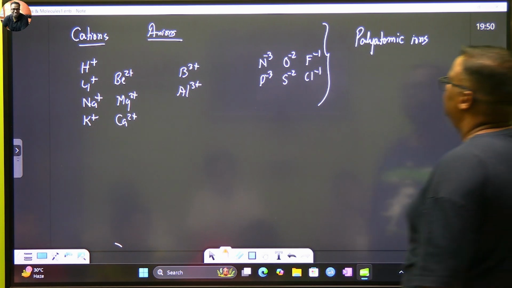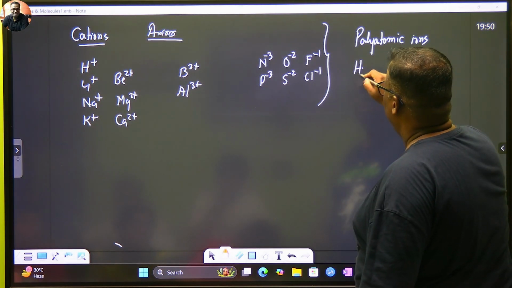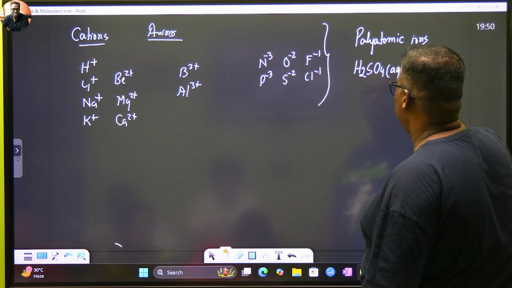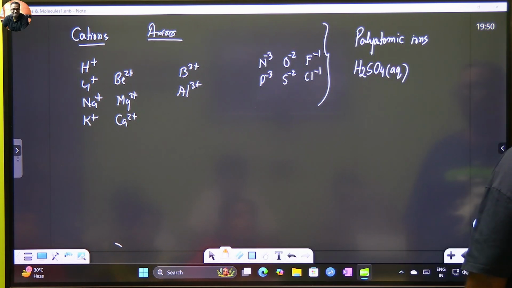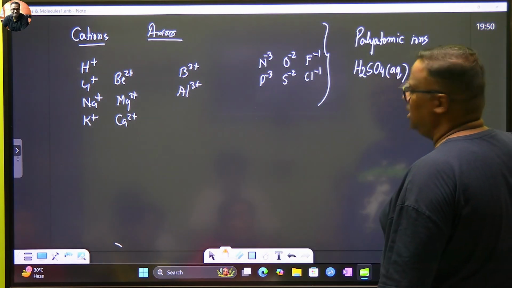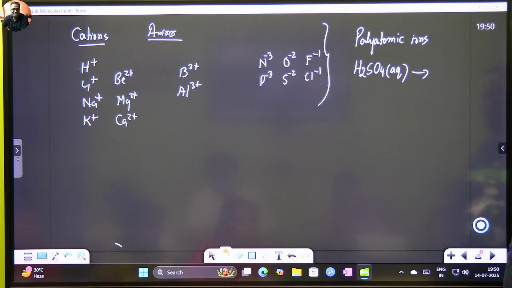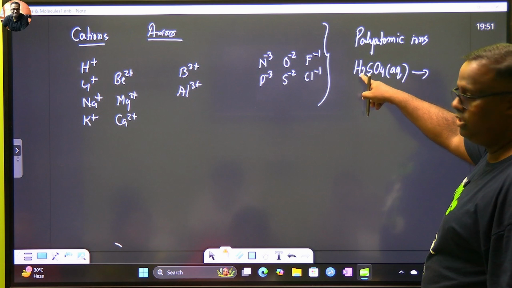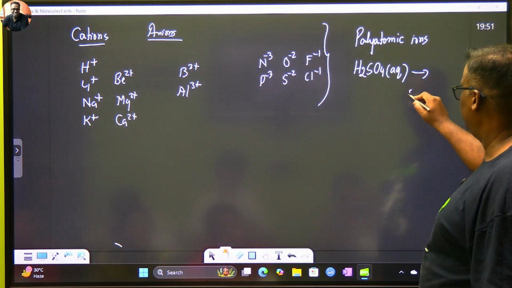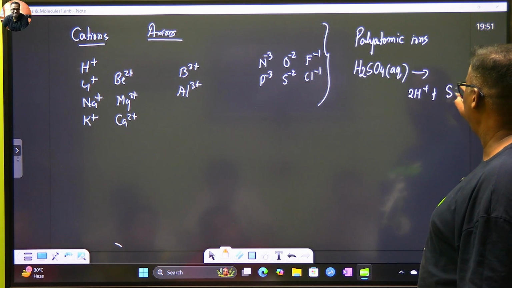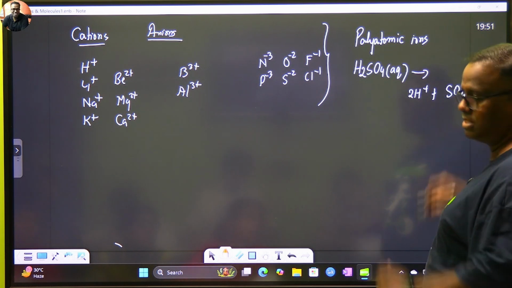Let's see, sulfuric acid, when you make it aqueous means you dilute sulfuric acid, you have learned this is an electrolyte, so current will pass through it, so it has to split into its constituent ions. So there are 2 hydrogen out here, so it will split as 2 hydrogen, and the entire SO4 will split up as a 2 minus.